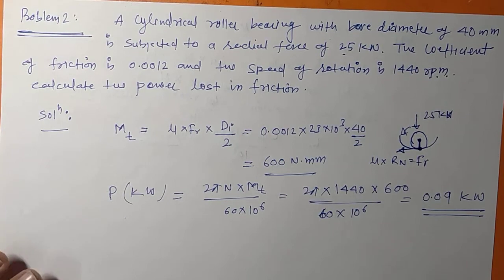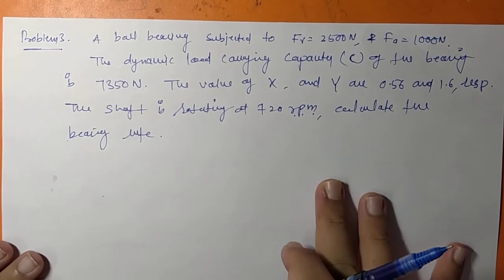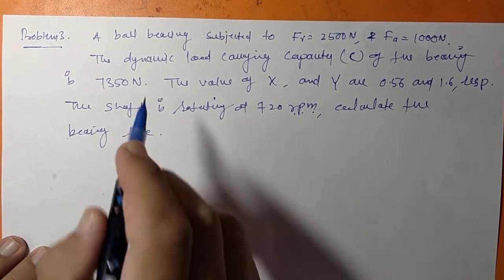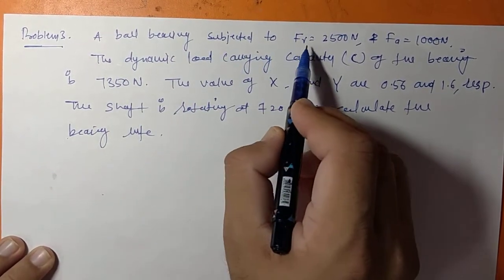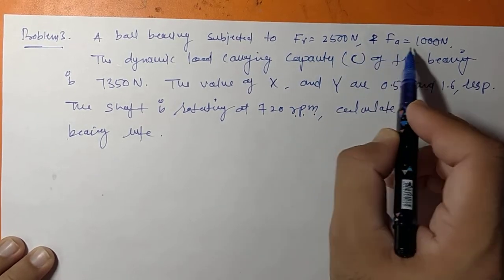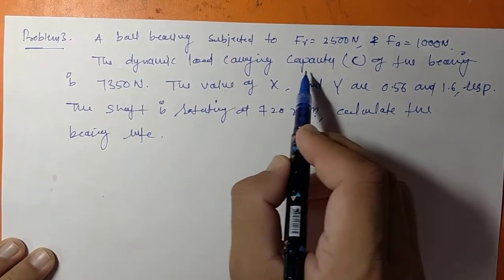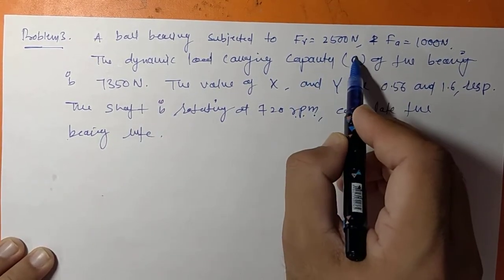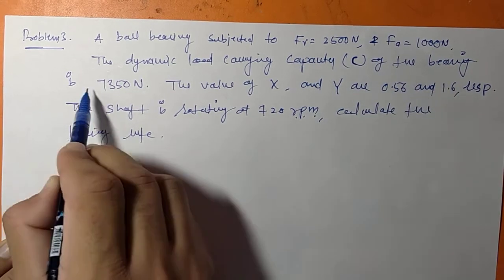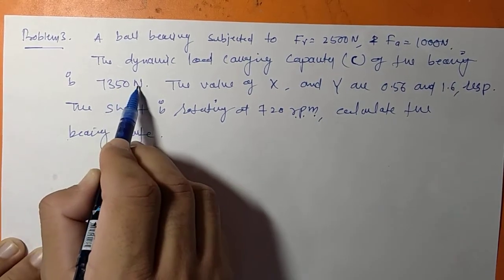So now we are going to consider one more problem based on the bearing only. In this problem, the ball bearing is subjected to a radial force of 2500 Newton and axial force of 1000 Newton, and the dynamic load capacity C of the bearing is 7350 Newton.